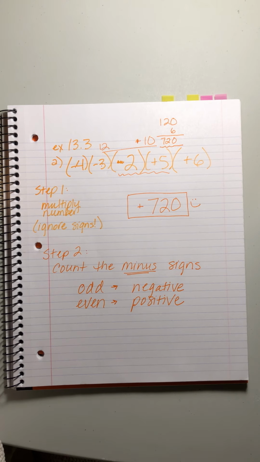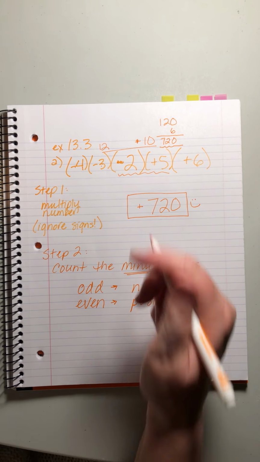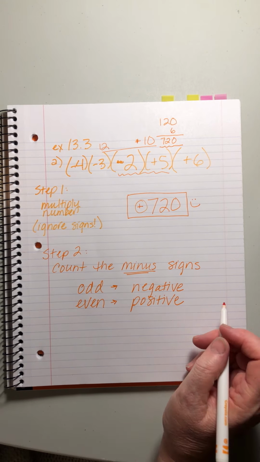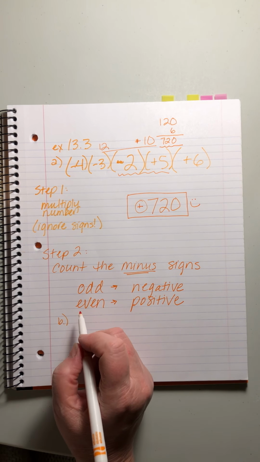Oh, I see what's happening here. John doesn't even care if we actually do the multiplication. He just wants to know if that answer is positive or negative, and we said positive, and that's right. Okay? So these problems are simpler. I was making it too hard.